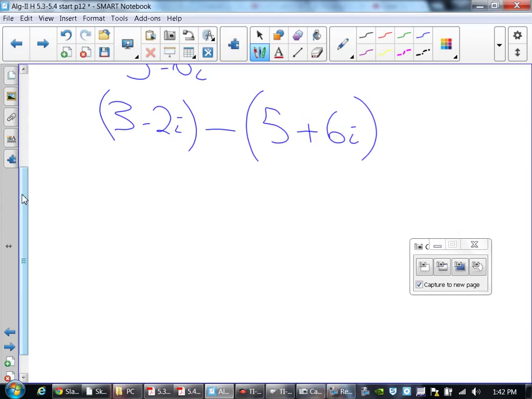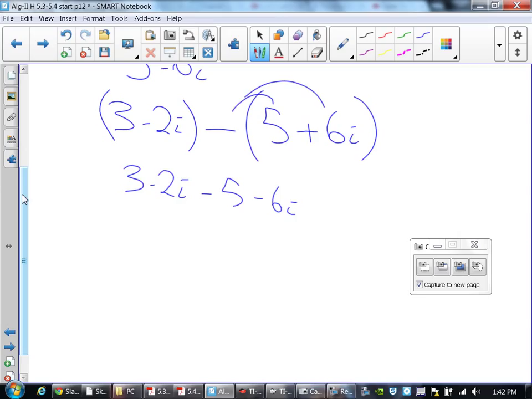Yeah. You treat it just like you would any other time you had a negative in front of a grouped parentheses. You distribute that negative to both terms, just like you would before. So you wind up just rewriting 3 minus 2i minus 5 minus 6i. I'm just distributing this negative to both parts.